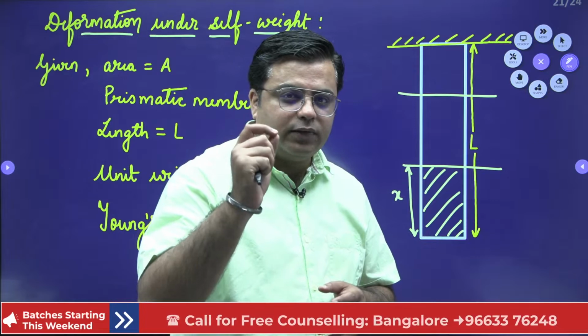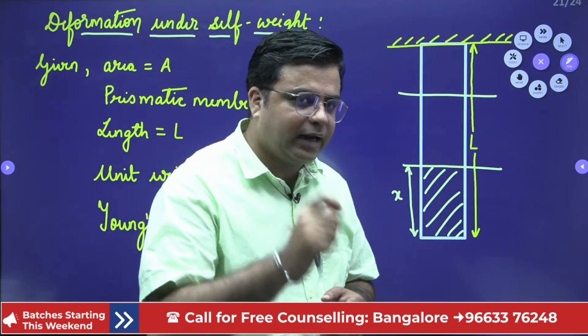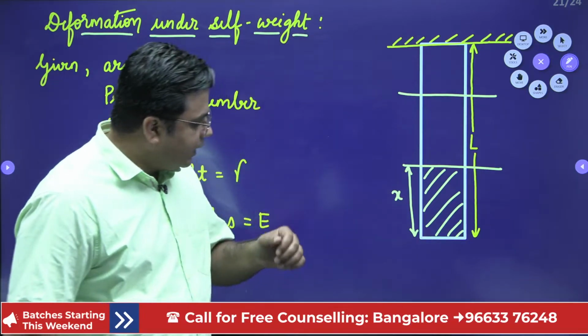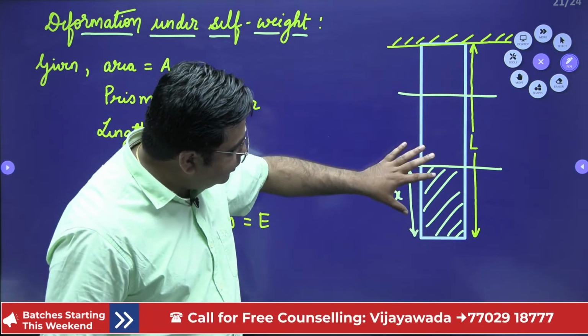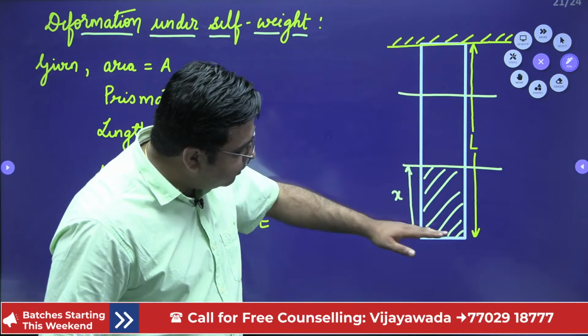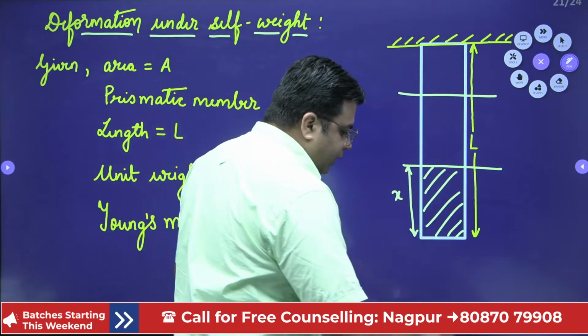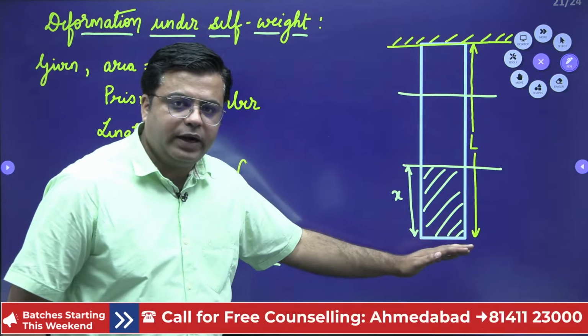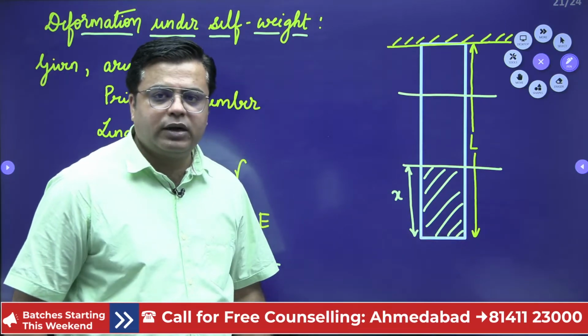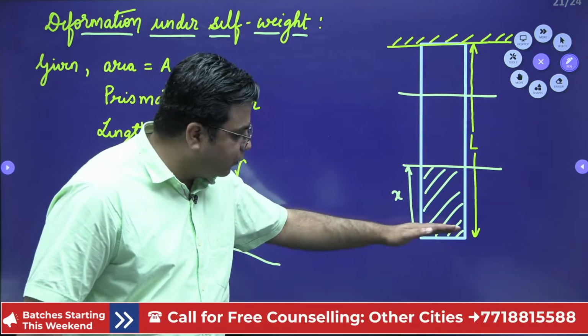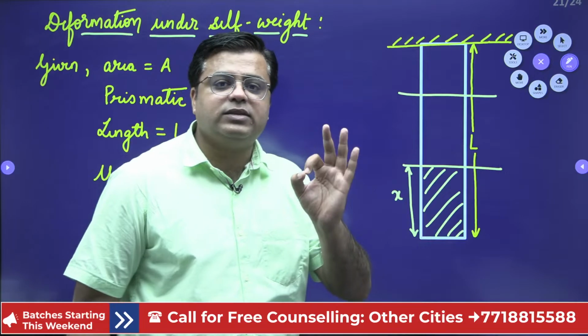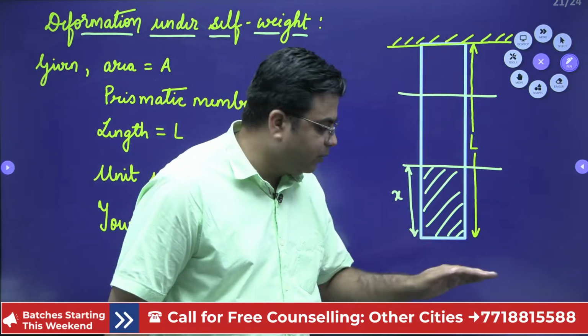Now observe this very carefully, how I am calculating this. Let me take one section at some distance x from the bottom fiber. Just tell me, what is the amount of weight hanging below the bottom fiber? It is 0. No weight is hanging below the bottom fiber.